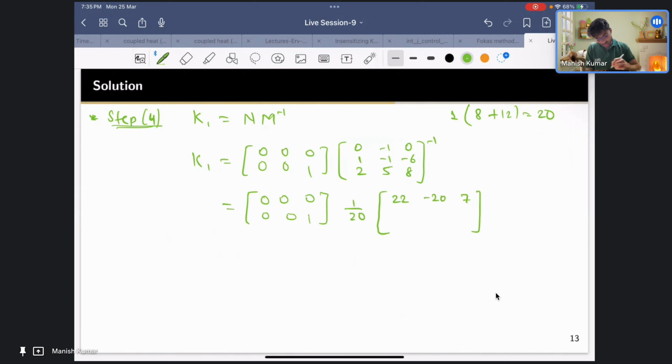So you just do the computation. Whatever you get, you take the transpose, and you will get the inverse, and this is how you get K1. K1 is just N times M inverse.